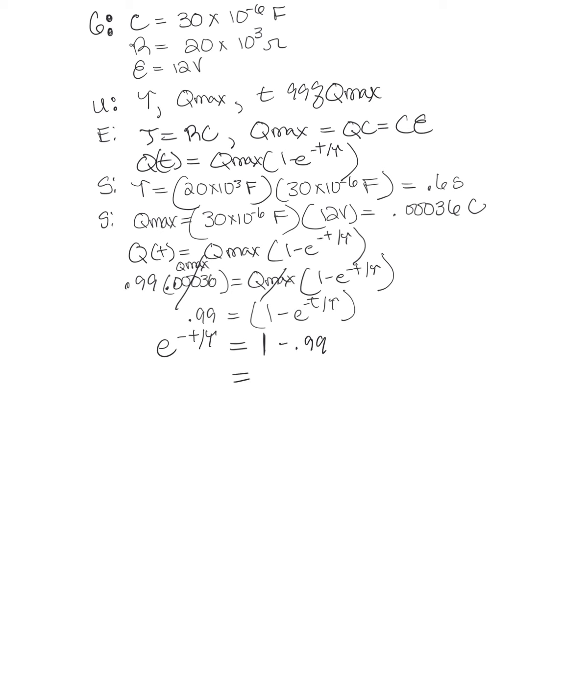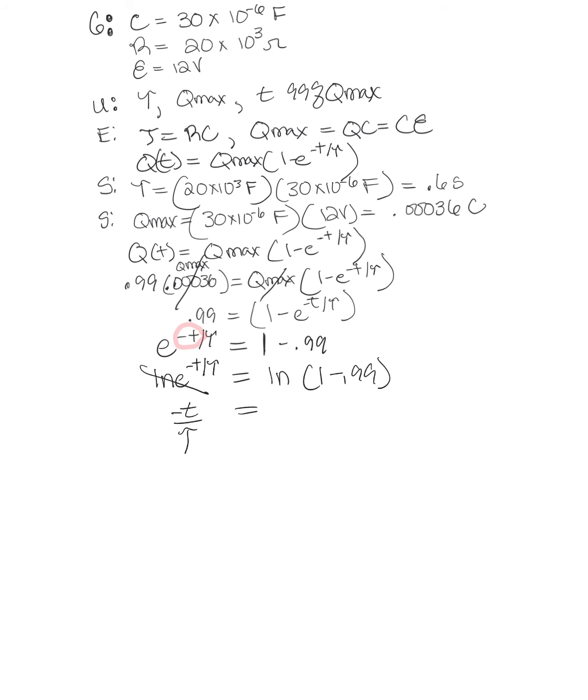What we're looking for here is t, time. So what we need to do is take the ln of both sides, so that we can get this down to the ground and do something with it. But when you take the ln of one side, you have to take the ln of the other. Ln of e equals 1, so that just comes down like this.